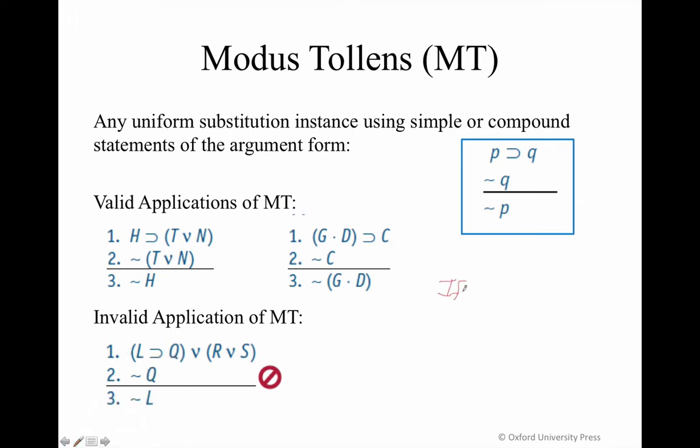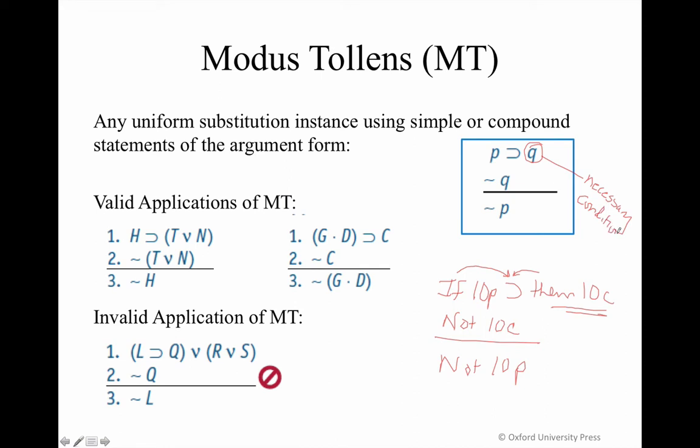If I have 10 pennies, then I have 10 cents, right? So our horseshoe here is the if-then relationship. Now, if I deny the 10 cents, I don't have 10 cents, then I can't possibly have 10 pennies. Remember that the consequent of the horseshoe is considered a necessary condition.